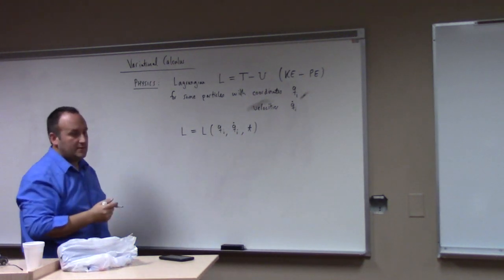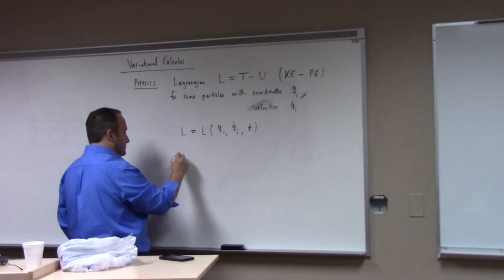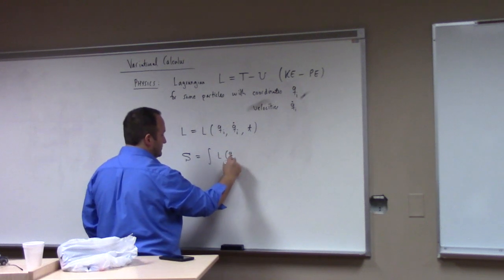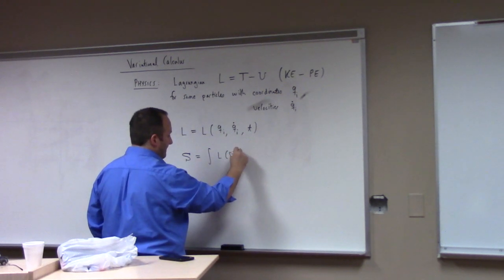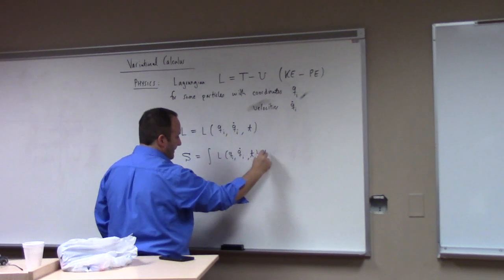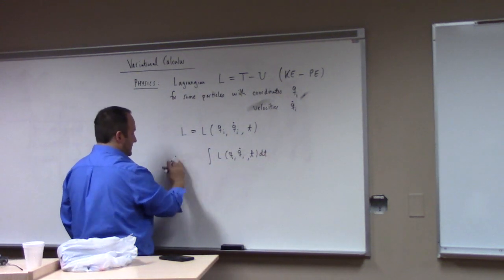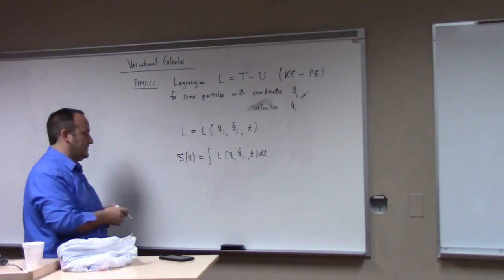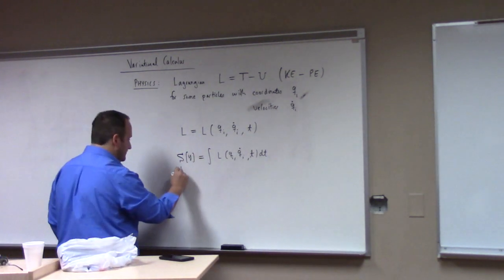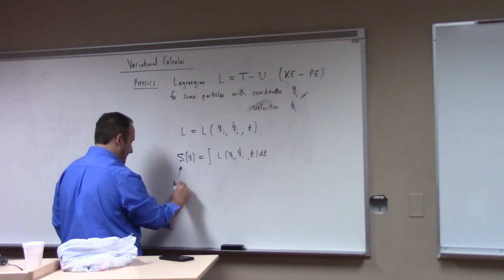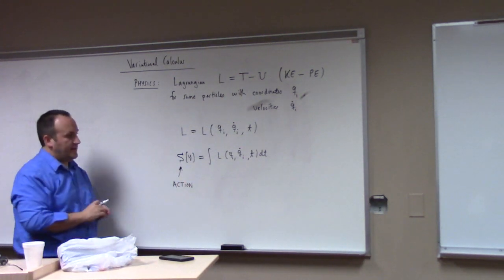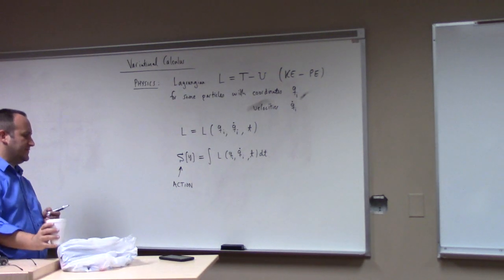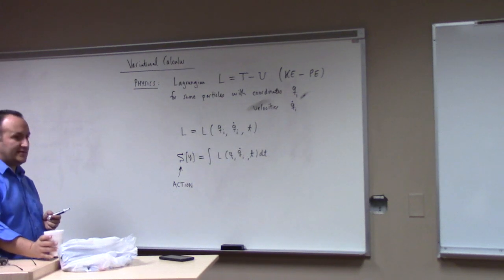All right? And then you set up what's called the action, S. It's the integral of the Lagrangian over time. And then Hamilton's principle says that nature tries to minimize the action.